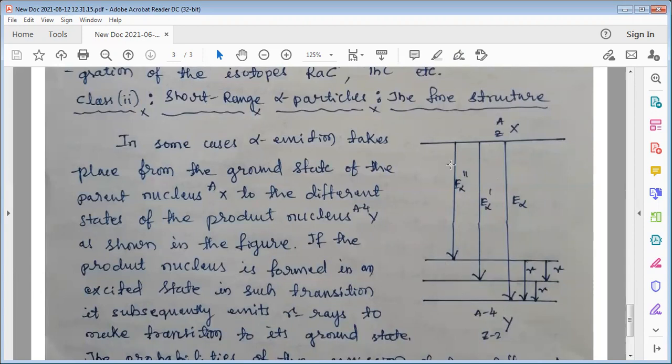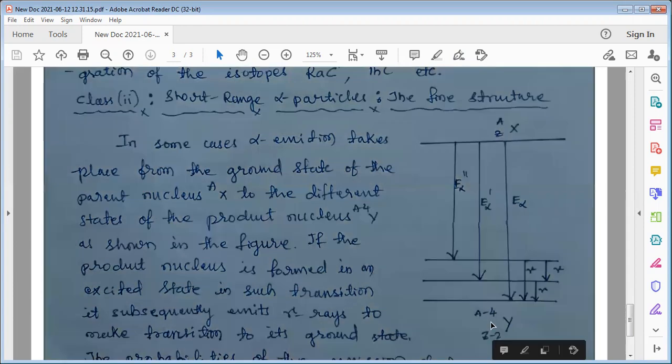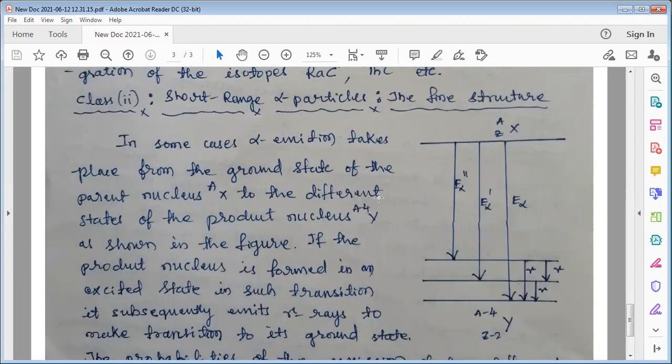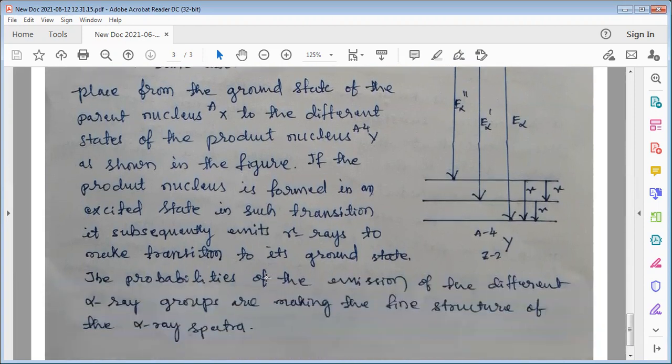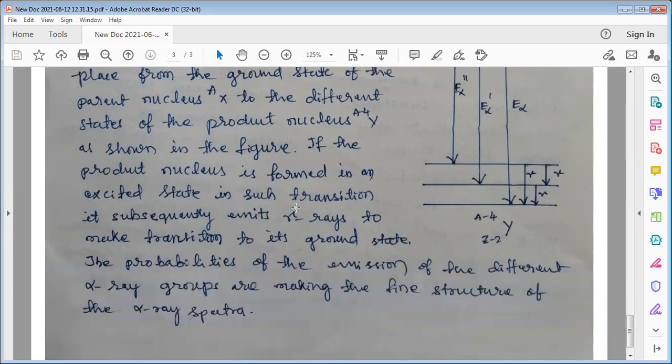So the transitions are from the ground state of the parent nucleus to the different energy states of the product nucleus. If the product nucleus is formed in an excited state in such a transition, it subsequently emits gamma rays to make a transition to its ground state.